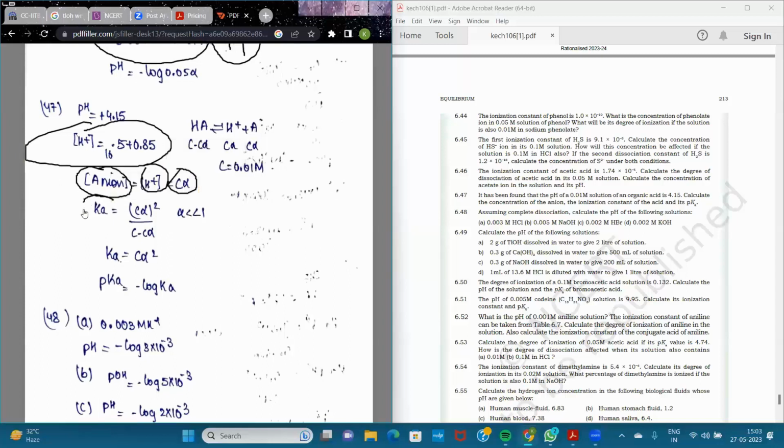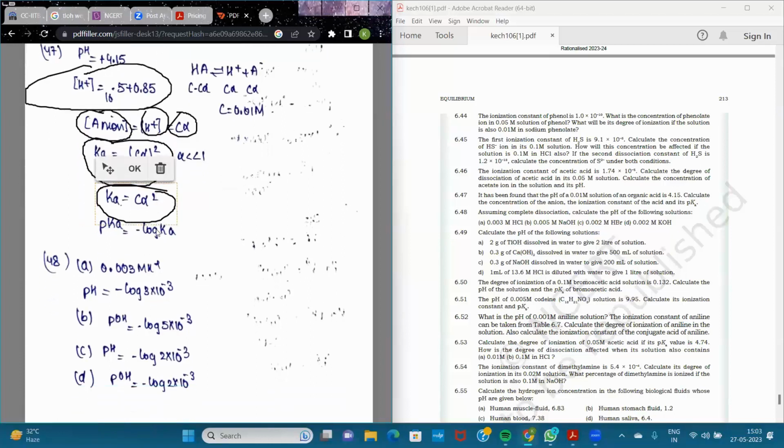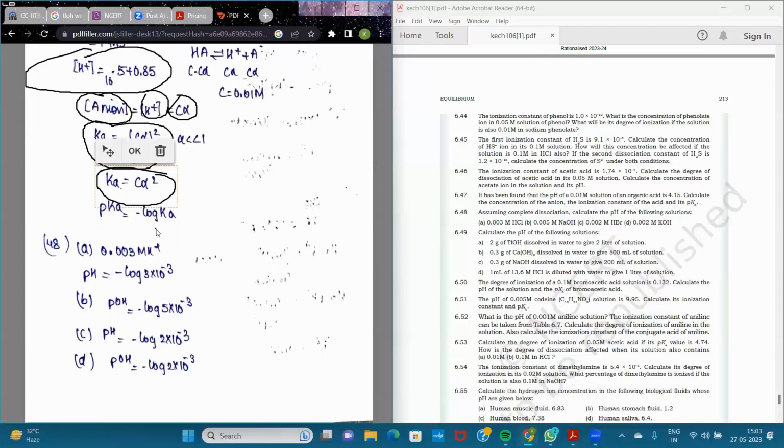For Ka, we can directly write it as C alpha whole square by C minus C alpha, but alpha here is very small. So we'll write Ka equals C alpha square. From all these expressions, we can find the ionization constant of the acid. pH is minus log of the concentration of H+. Here pKa is minus log of Ka.